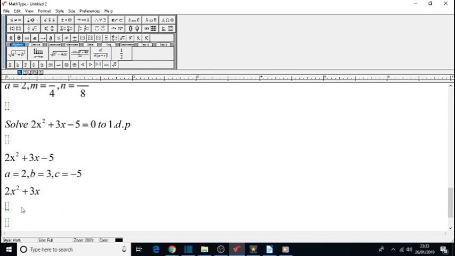You with me? So 2x squared plus 3x is equal to 2(x + b over 2a) squared, where b is equal to 3 and a is equal to 2.